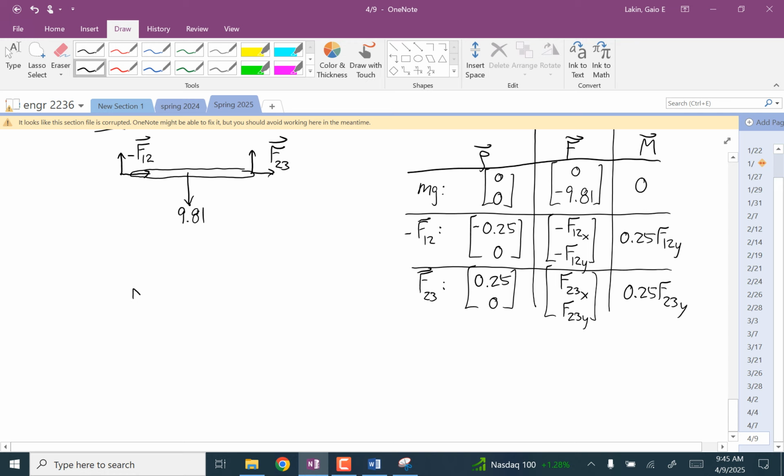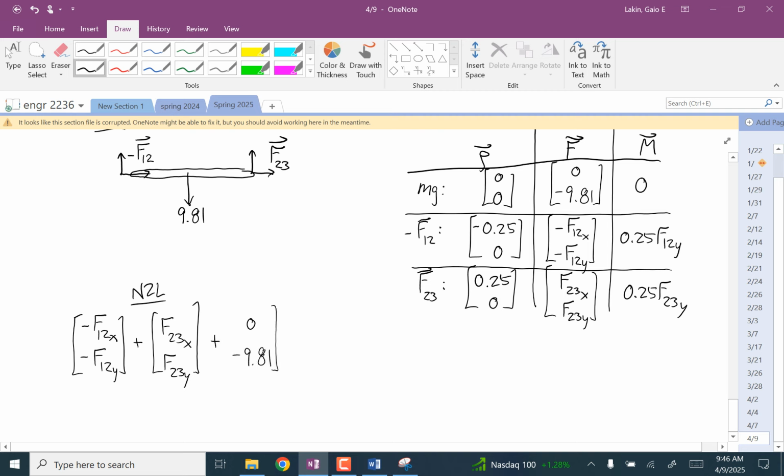There's no fixed point, so we need Newton's second law. And that says negative F12x, negative F12y, plus F23x, F23y, plus 0, negative 9.81 is equal to 1 times A2x, A2y.